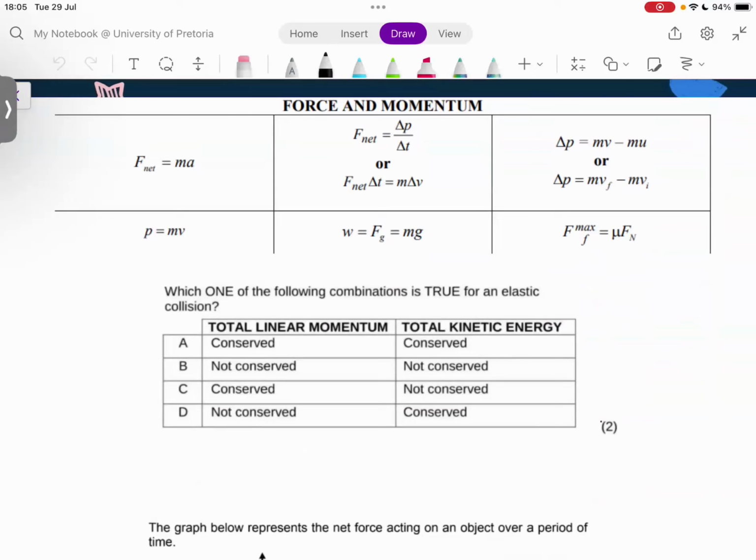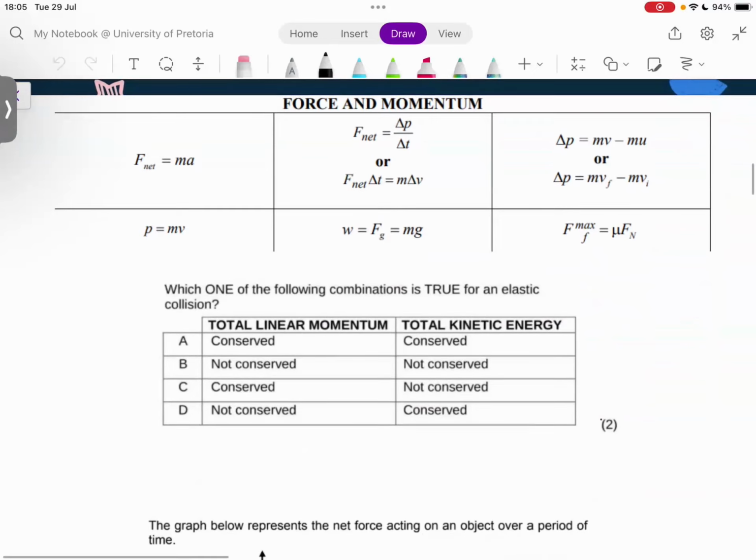question. Which one of the following combinations is true for an elastic collision? First of all, guys, in the chat, can you answer me? What is an elastic collision?